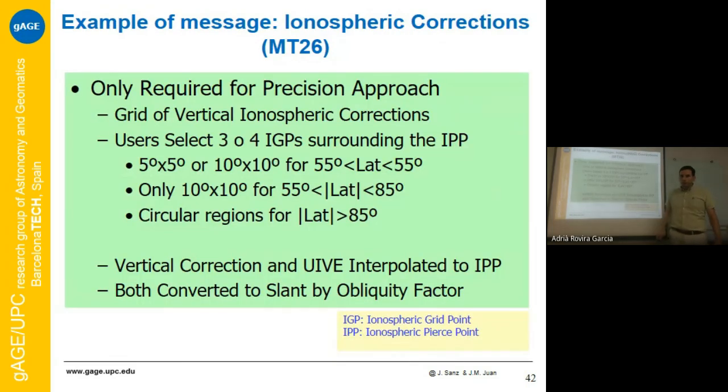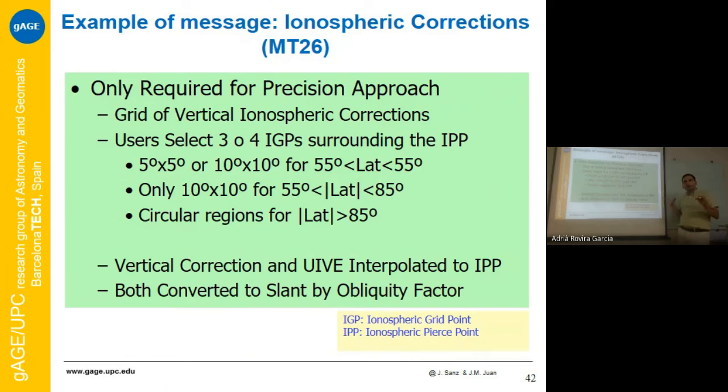So now follows an example of using the ionospheric correction. Like we saw this morning, the current SBAS use ionospheric correction to compensate for the ionospheric delay. In the case of SBAS, we will now see the grid.